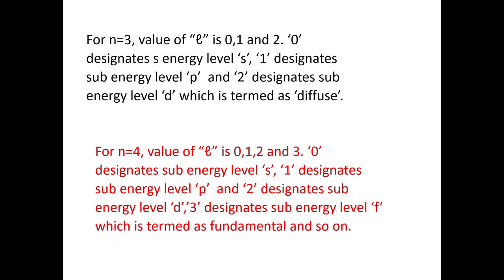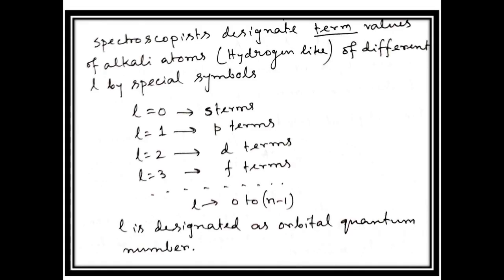At a glance, we can see that all the spectroscopic terms for L equal to 0, 1, 2, 3 are termed as SPDF, and L is known as the orbital quantum number. Now the question arises: if we look at n equal to 2, then L equal to 0 and 1, fine.